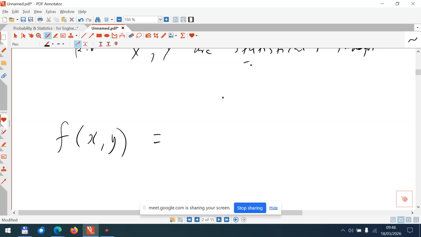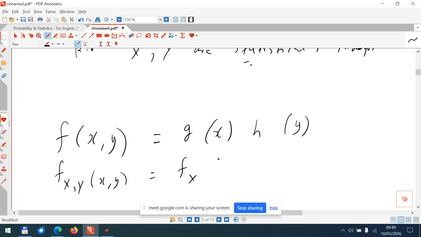If they are independent, it must be that you can factor this into the individual marginal distributions, so it will be g of x and h of y.